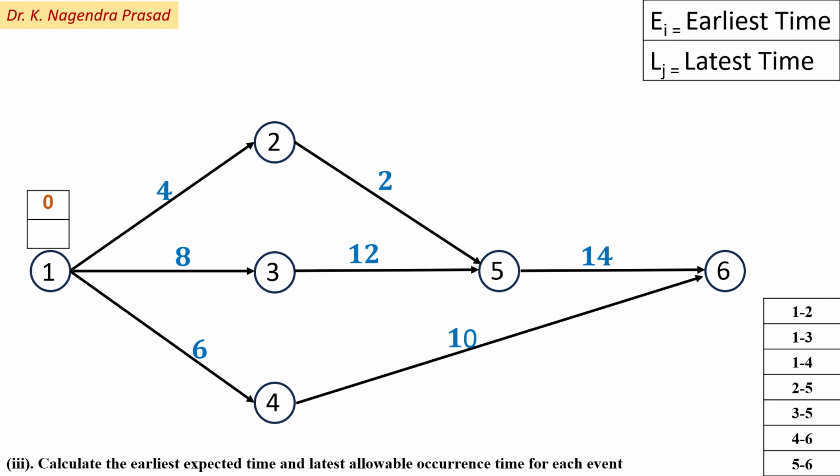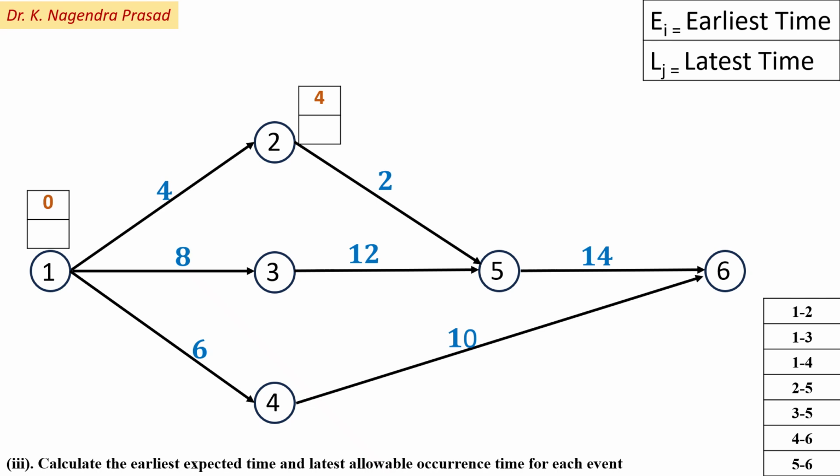Next for the activity 1 to 2, start at event 1 which is 0 and end at event 2 which is equal to 0 plus estimated time, that is 4. So 0 plus 4 is equal to 4. So for activity 1 to 2, earliest start time is 0 and earliest finish time is 4.